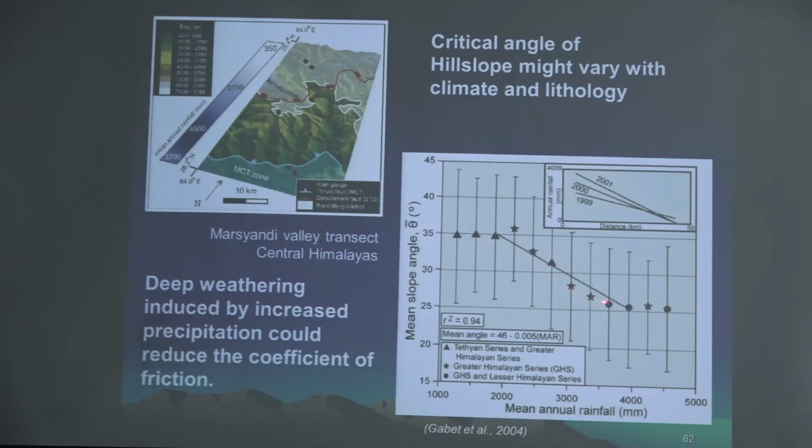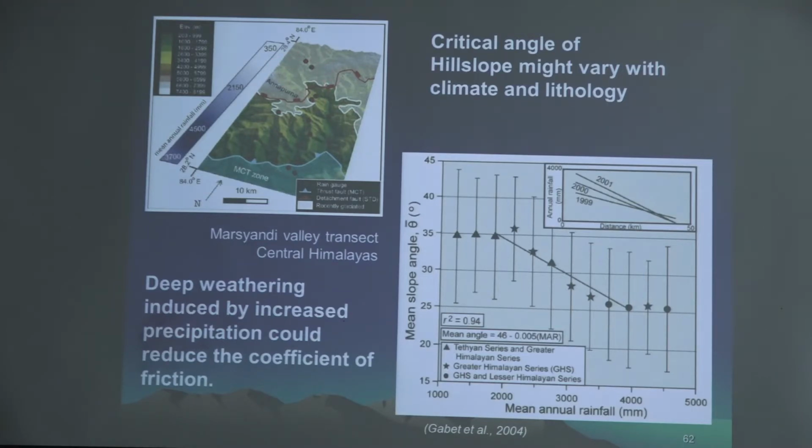They are decreasing southwestward, probably in accordance with the annual rainfall. So where you get more rainfall, and in general you are at lower elevation and slightly higher temperature in the southern part of the Himalaya, the mean slope angle is lower than at high elevation north of the range.